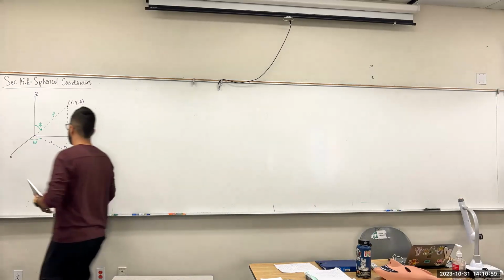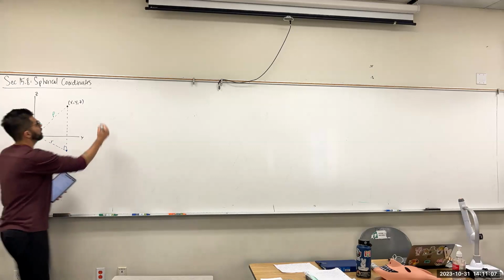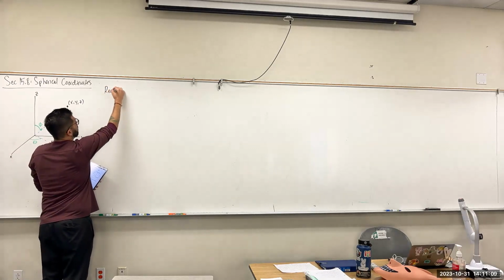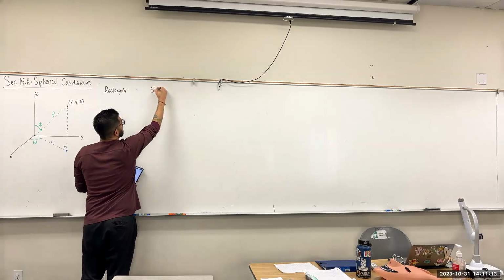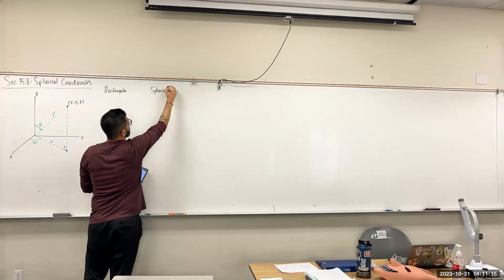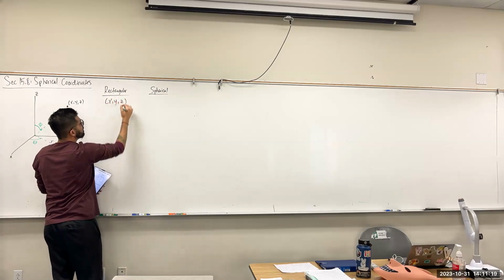First, let me write this down. This is a picture that you have in your packet. We have rectangular coordinates, and then what we're going to call spherical coordinates. Again, rectangular is x, y, z.